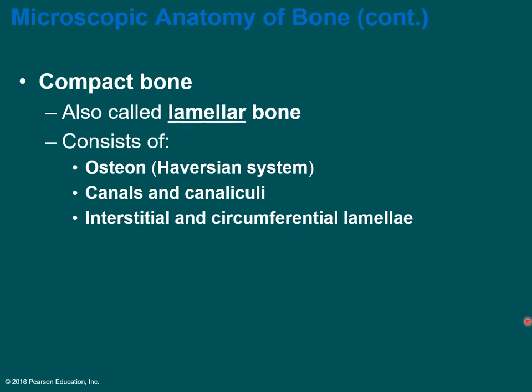So if calcium levels get too high in the blood, then it's going to stimulate the osteoblast to start building bone matrix up, because that's where we need to store the extra calcium. If calcium levels get too low in the blood, then it's going to do the reverse and stimulate instead the osteoclasts to say, you need to start breaking down some of that bone matrix, because we need to get that stored calcium into the blood, get those levels up in the blood.